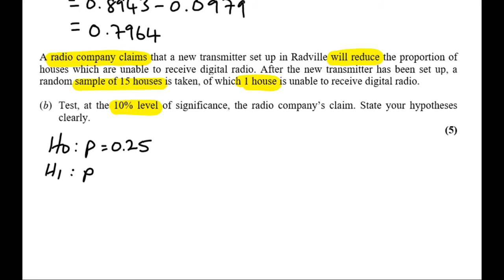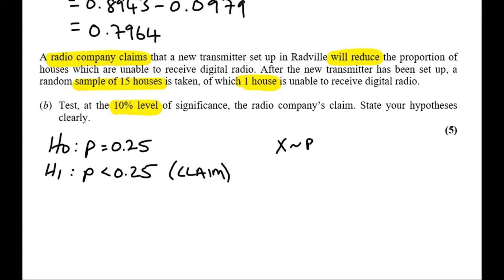The company's claim is that they will reduce this proportion. This is a one-tailed test. H1 is the company's claim. Another rookie mistake is people thinking that the company's claim is always H0. That is not the case. Okay, so I'm making it clear to myself which of the two hypotheses is the company's claim.